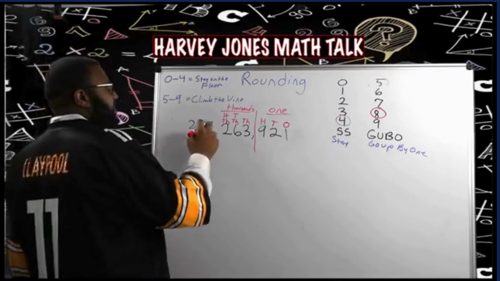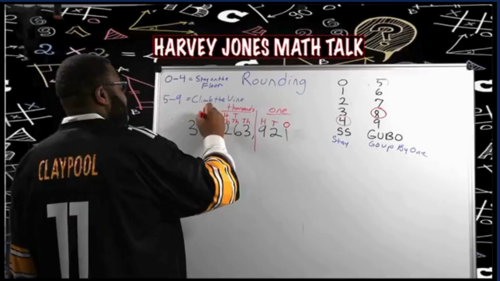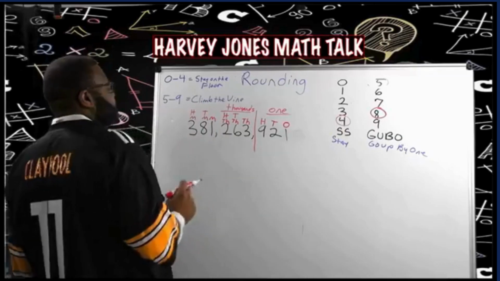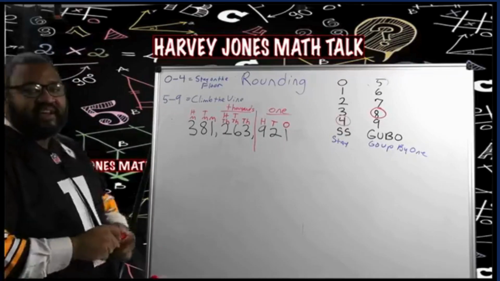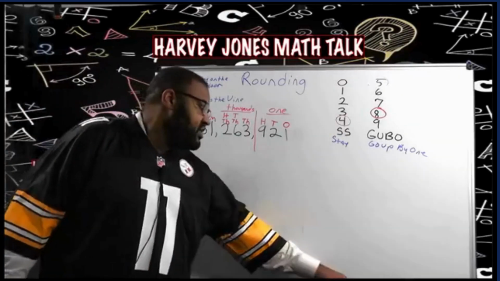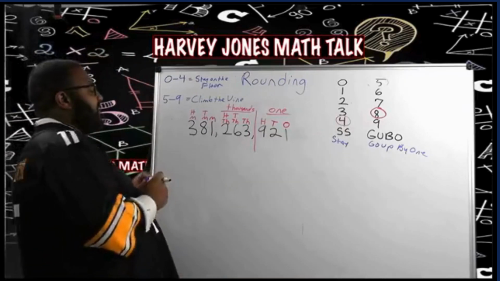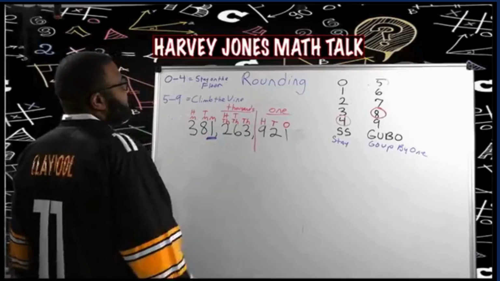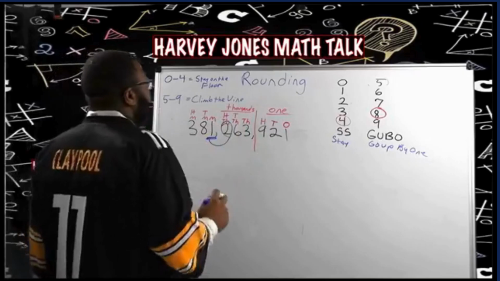Then I'm going to come here. This will be millions, 10 millions, 100 millions. So this is just a simple strategy you can use, where it tells you what place to round to. And we're rounding to the millions place. So I'm going to underline my millions place and look behind. What is that?